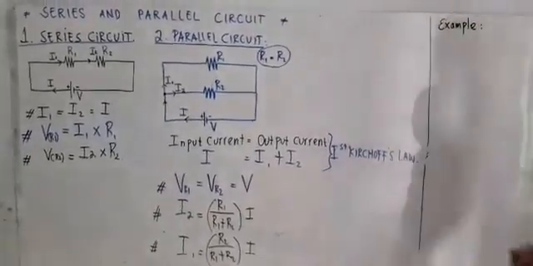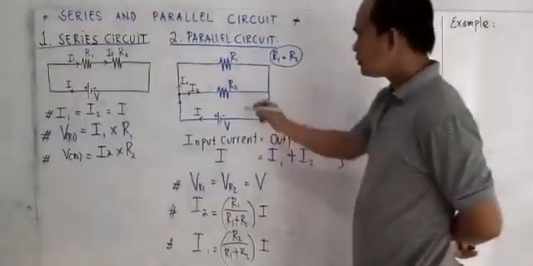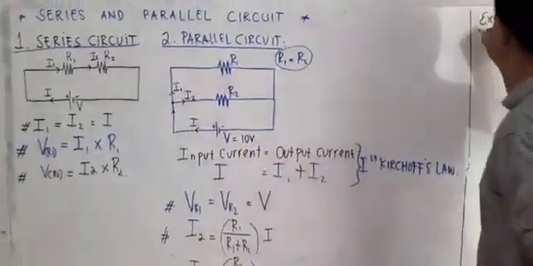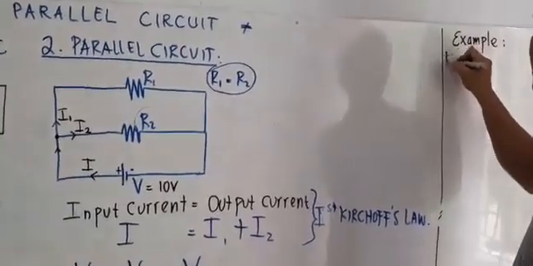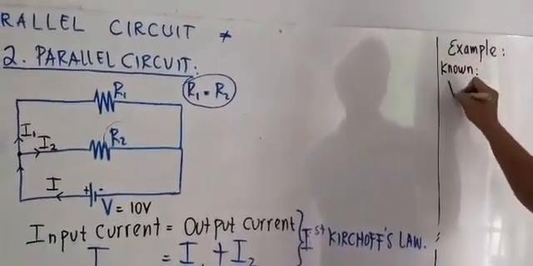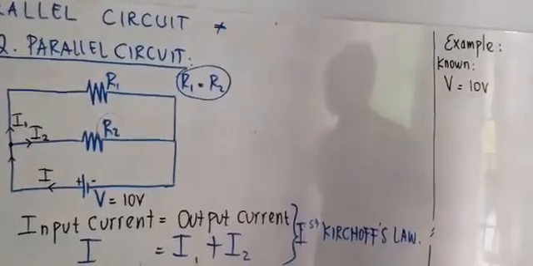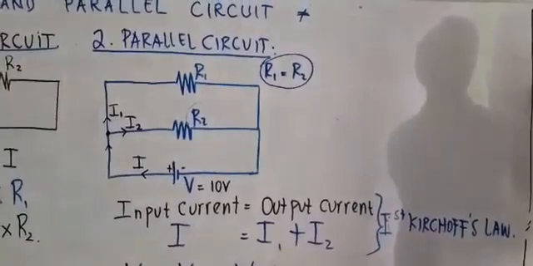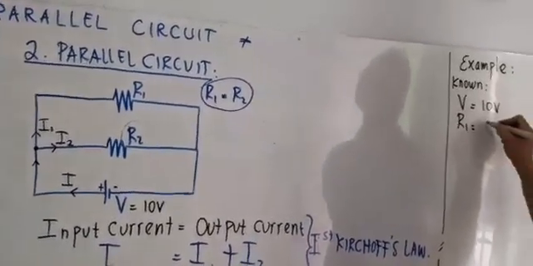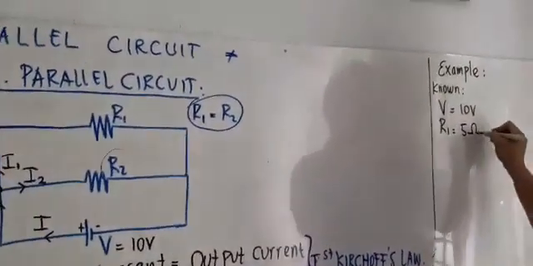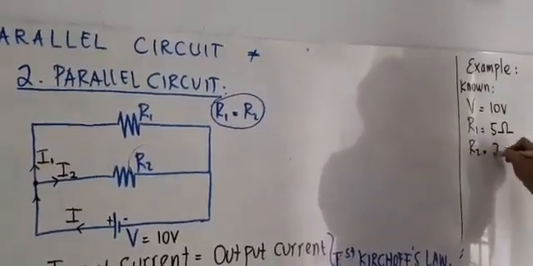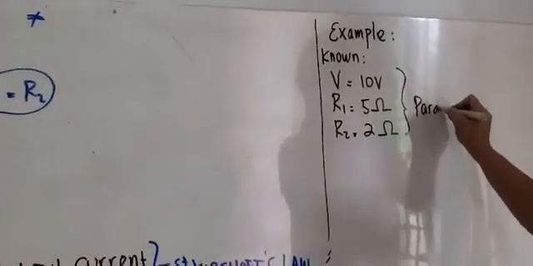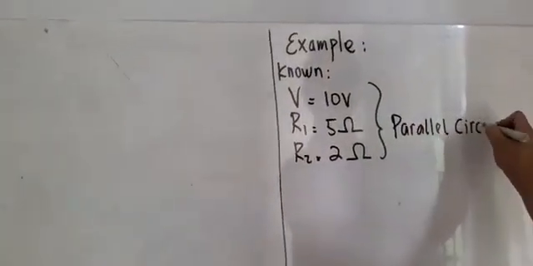The example is, if I have a voltage like 10 volt here, so it is known that the voltage is 10 volt and R1 is equal to, let's say, 5 ohms, and R2, let's say, is 2 ohms, and this is connected in parallel circuit.